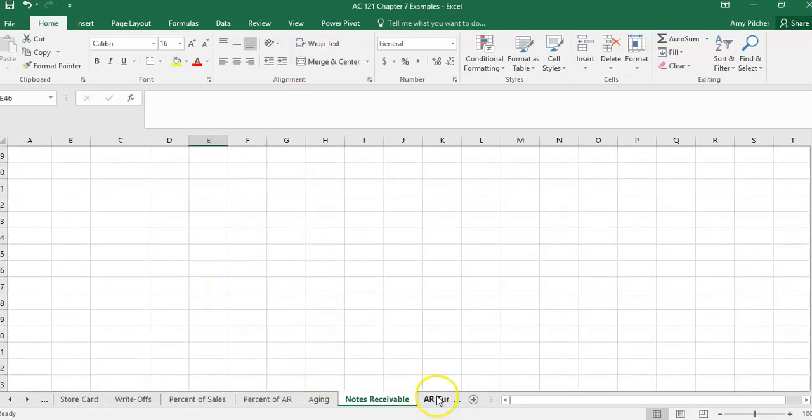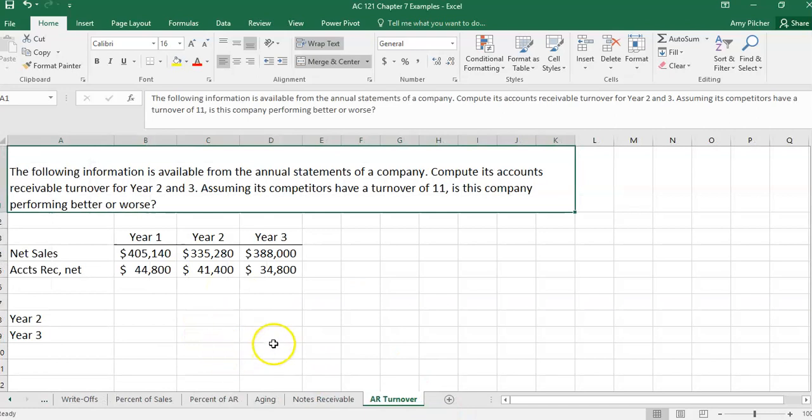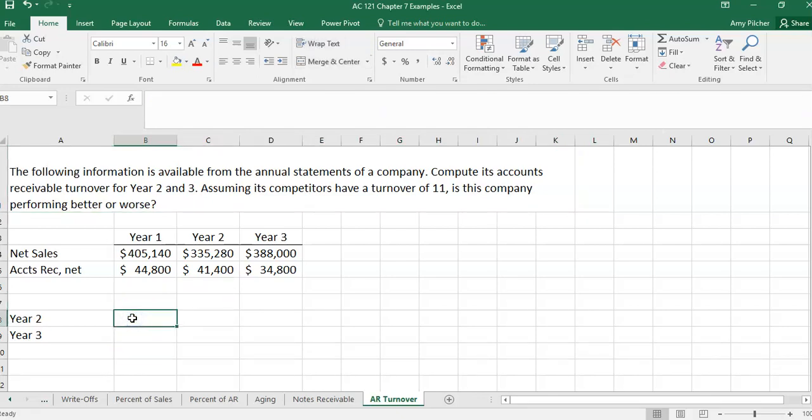The last example that we're going to look at is accounts receivable turnover. So accounts receivable turnover is a measurement of how many days it takes for our customers to pay us. So first we're looking at year 2, and then we'll look at year 3. In year 2, the calculation for accounts receivable turnover is sales divided by average accounts receivable.